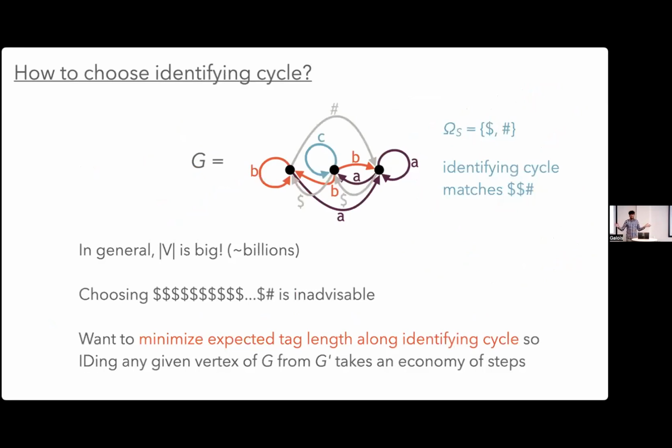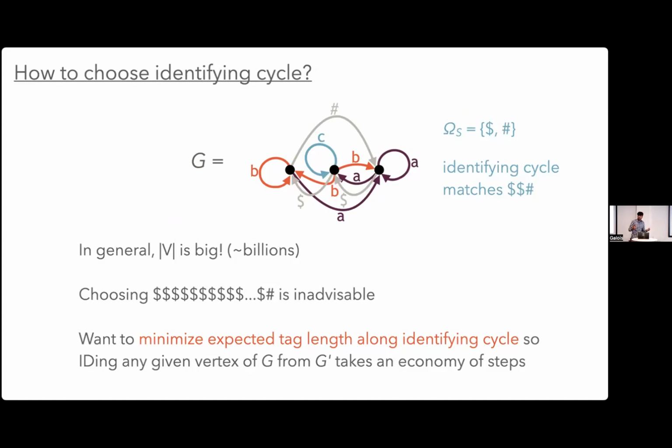But as I said, the number of vertices in the original graph is massive. It's going to be in the billions. How are we going to choose this identifying cycle, right? Because if I chose the naive extrapolation of what I wrote, $hash, to an arbitrary number of vertices, like $, $, hash at the end, that's not going to be so great, because to identify any one vertex, I'll have to walk all the way to my hash.